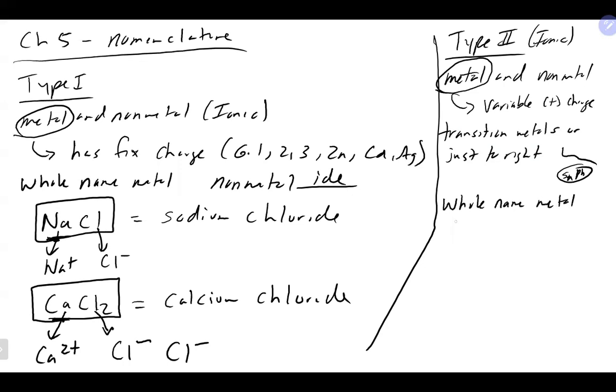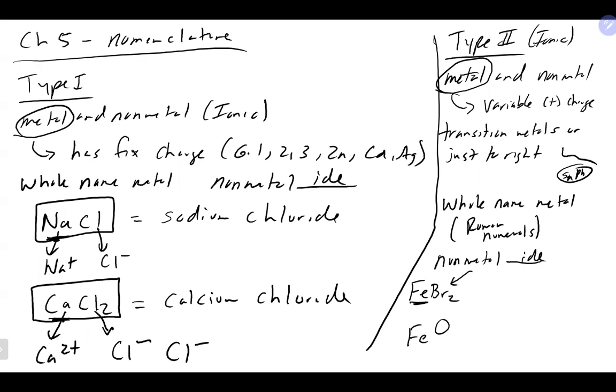We then need to use Roman numerals. And remember that the Roman numeral basically indicates the charge on the metal, not how many you have. And then the non-metal is named the same way. You get the IDE at the end of it. So if you had FeBr2, iron is a transition metal, could have multiple charges. But we do know always what it's attached to.